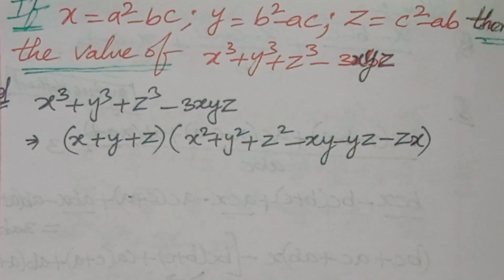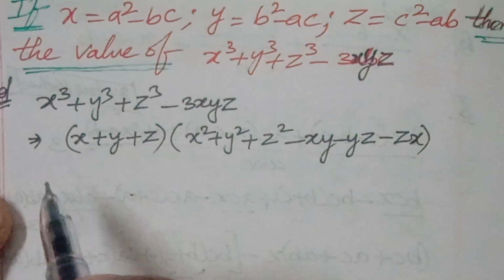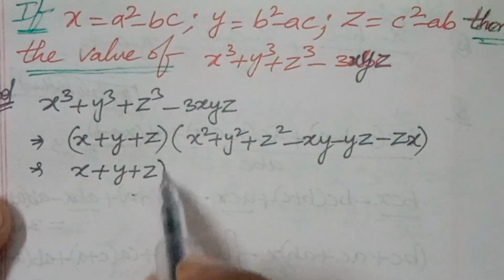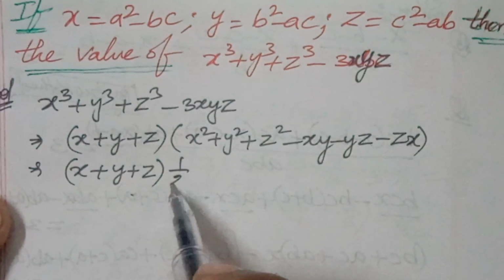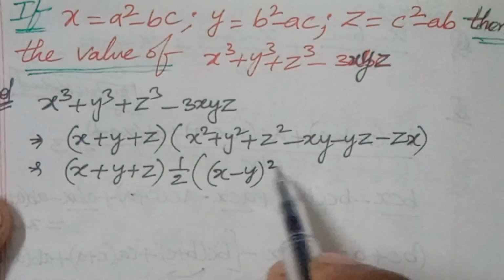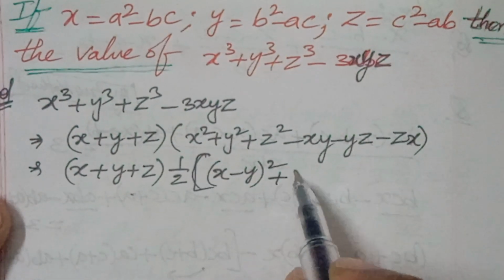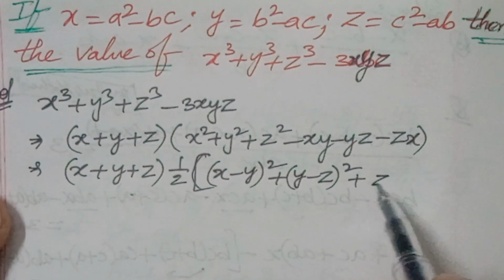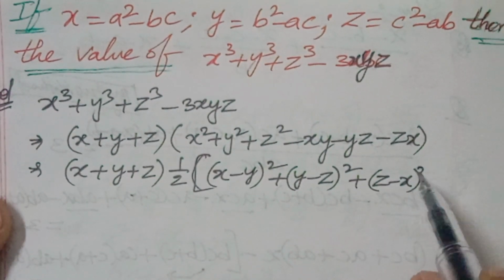So here another formula is also there. X plus y plus z into, here you can write it as 1 by 2 of x minus y whole square plus y minus z whole square plus z minus x whole square.